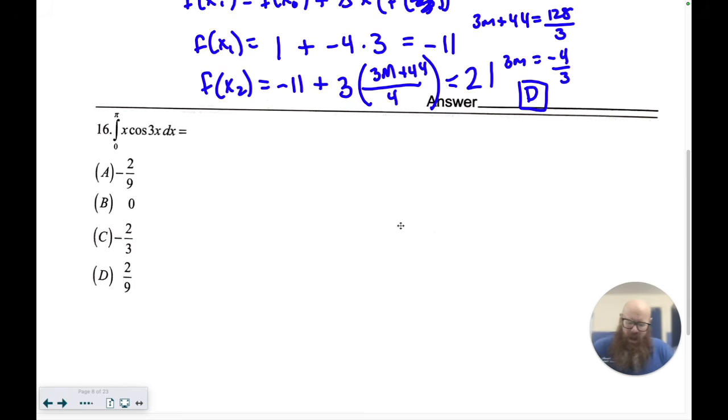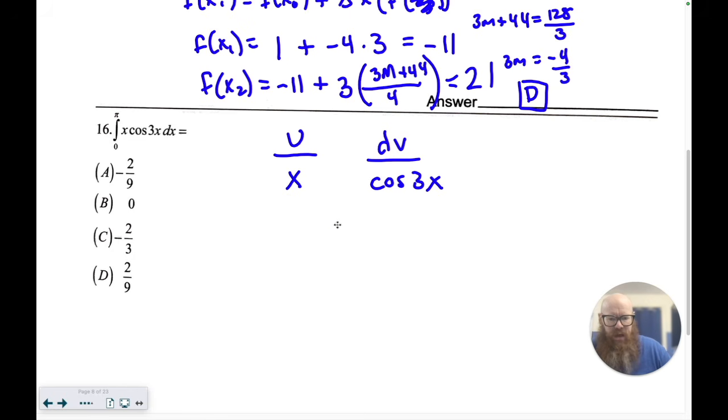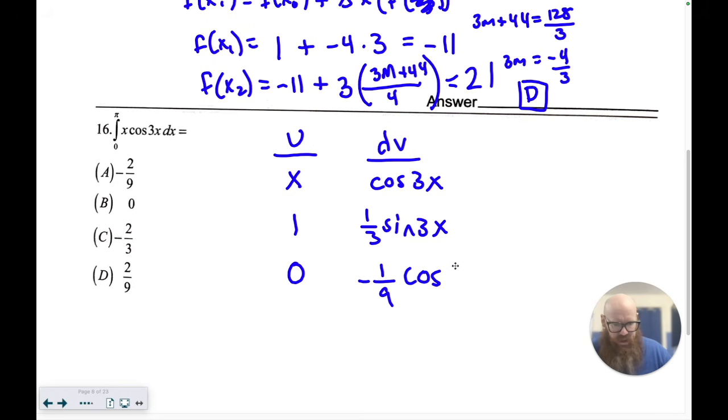All right. Here we have integration by parts. I am going to do tabular integration. I'm a fan of that whenever you have a power of x times cosine or sine. So I do my u dv columns, and my u is x, and my dv is cosine 3x. And then what I do is I derive this until I get to 0, and then I take the antiderivative of this, so that's 1/3 sine 3x, and then I do it again, and that's negative 1/9 cosine 3x.